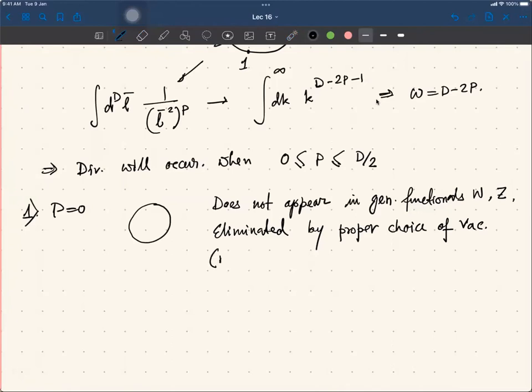Recall that W at j equal to 0, which is a vacuum graph, is always 1 by definition, and therefore it doesn't occur. However, this is a valid topological graph that one could draw even in a free field theory, and one has to interpret it.